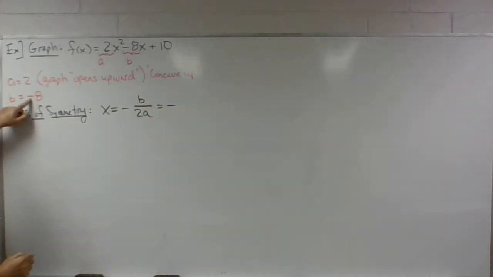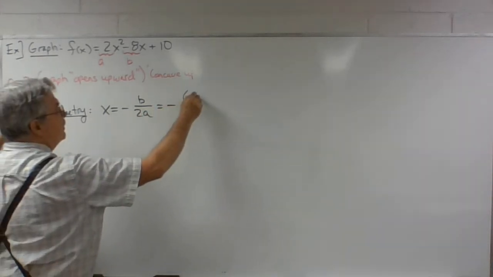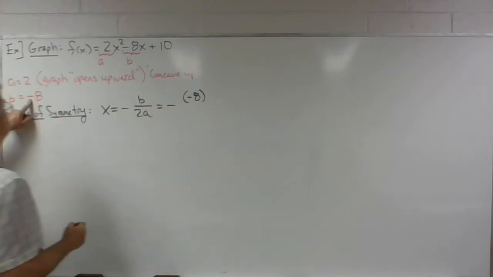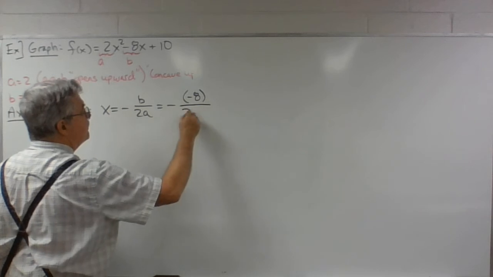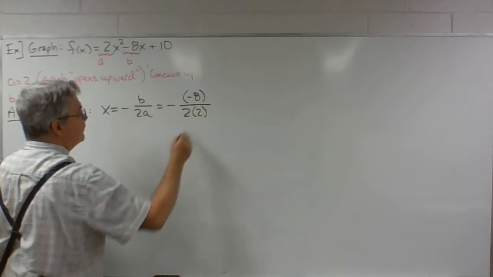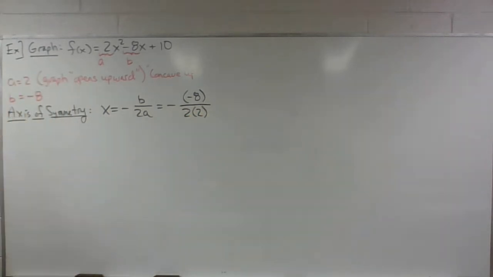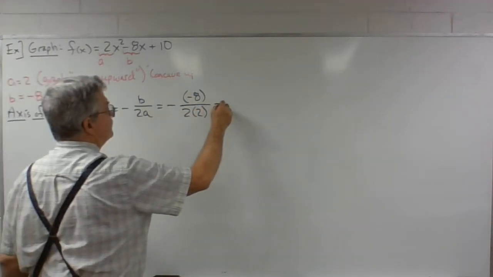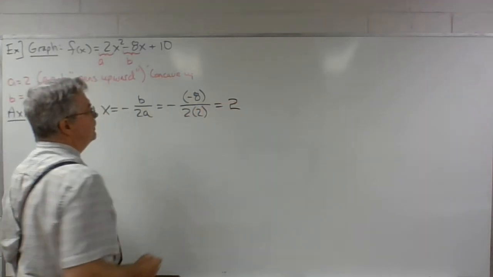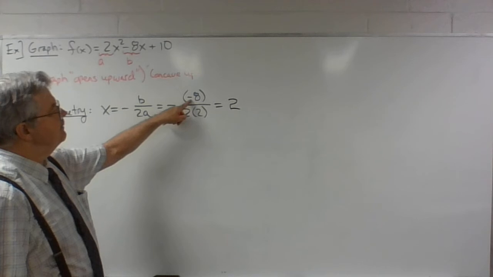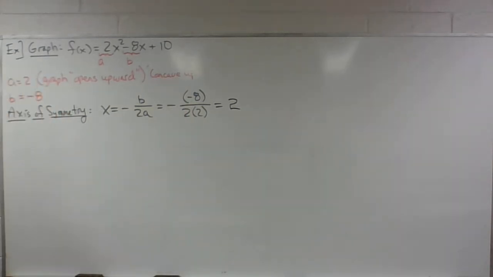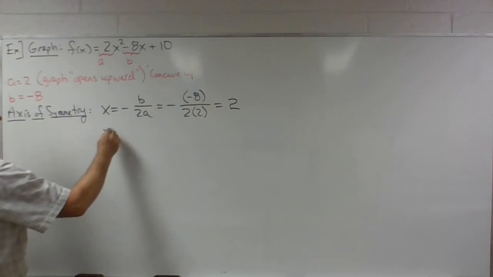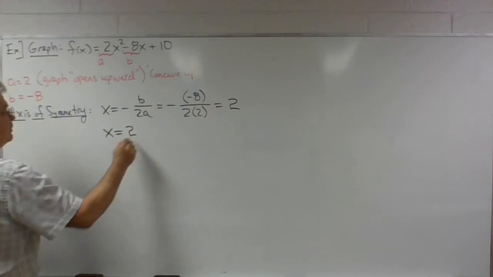So that's going to be negative negative 8 on top and 2a on the bottom. Is that right? Negative and negative 8 is 8 divided by 4 is 2. Yep, okay. So axis of symmetry, x equals 2.